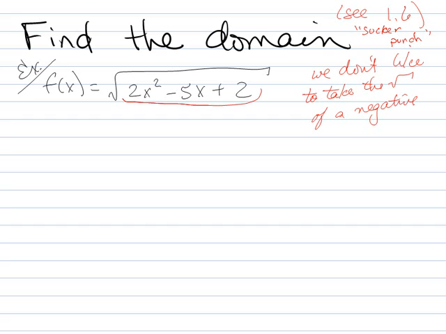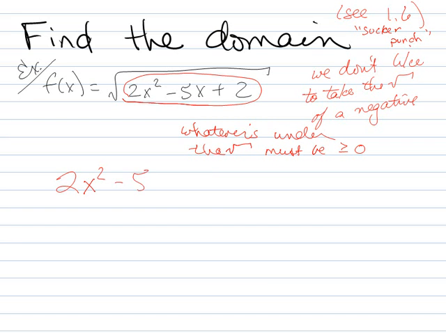So what we're going to say is whatever's under the square root sign must be greater than or equal to 0, right? Whatever's under that square root sign, 2x squared minus 5x plus 2, has to be greater than or equal to 0.